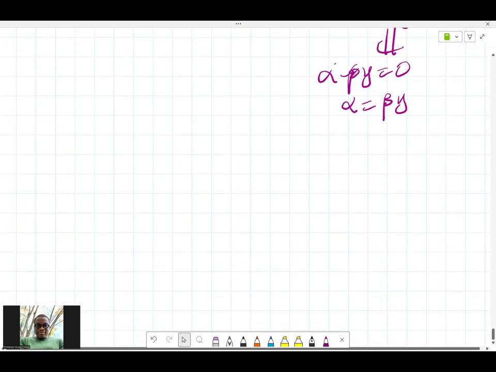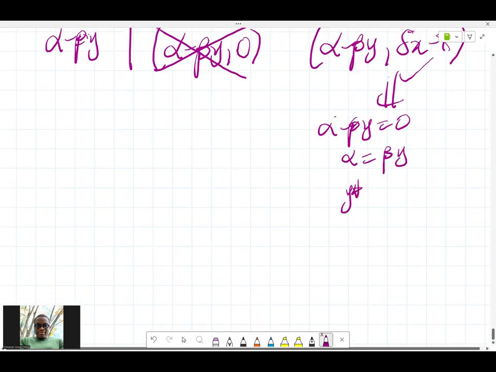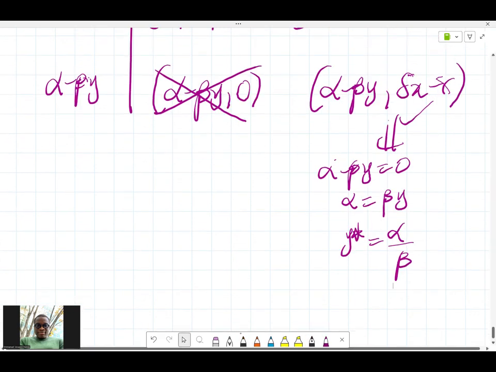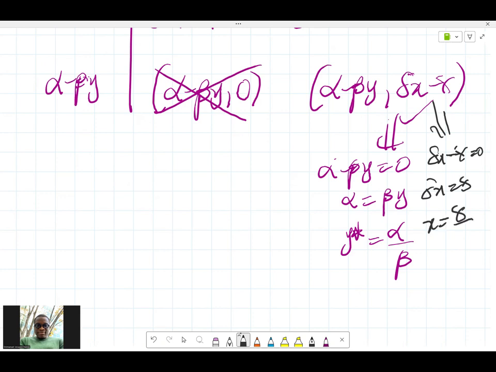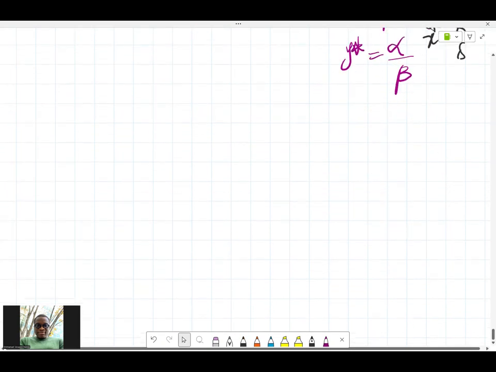So that tells us that y critical is alpha over beta. And on the other hand, we can also have delta x minus gamma equals 0. So that means that delta x equals gamma. So x critical is gamma over delta. So those are the two things we have.